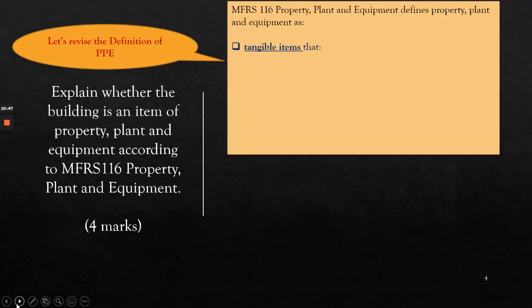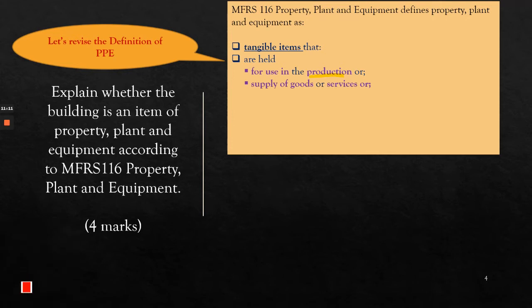There are actually 3 major features or characteristics in the definition. The first one is that it should be a tangible item. The second one is that they are held for these purposes: for use in production, for supply of goods or services.